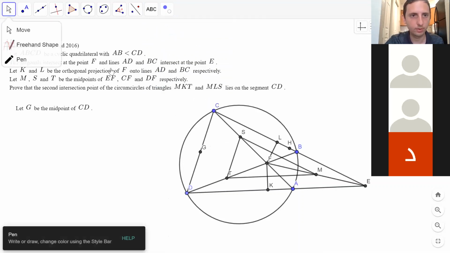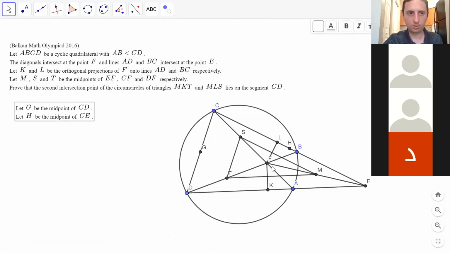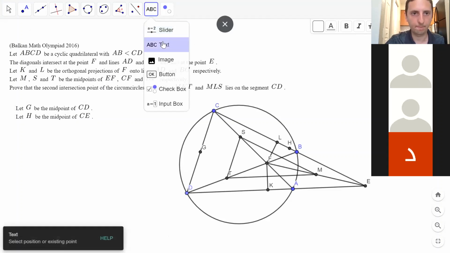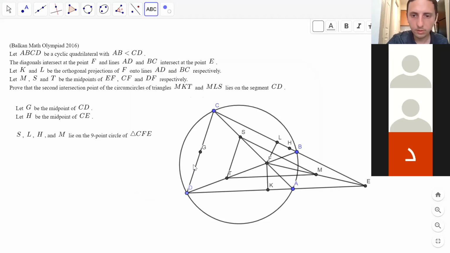So, all right. So S, L, H, and M lie on the 9-point circle of CFE. And then, so we want to show that G also lies on it.